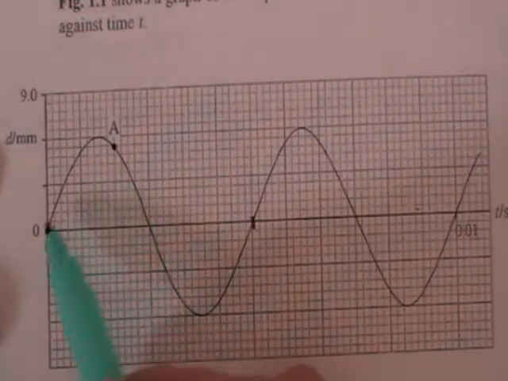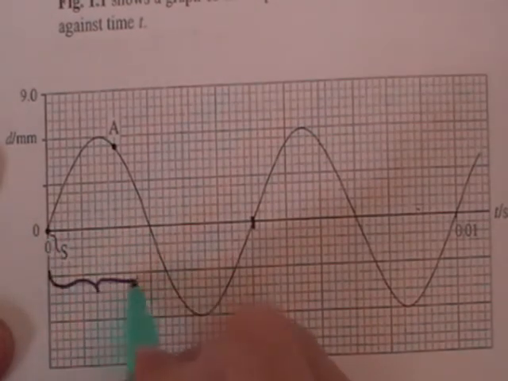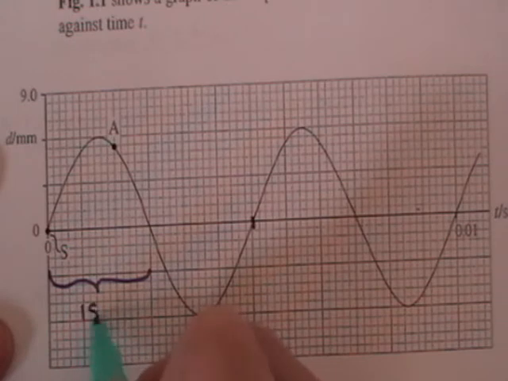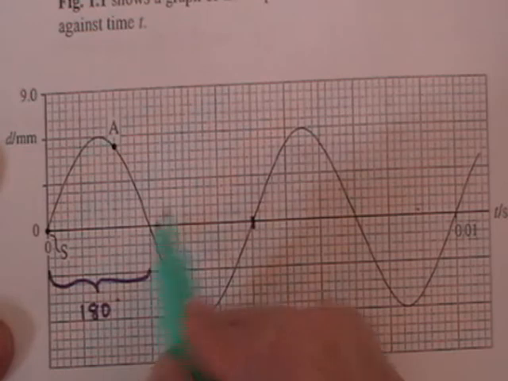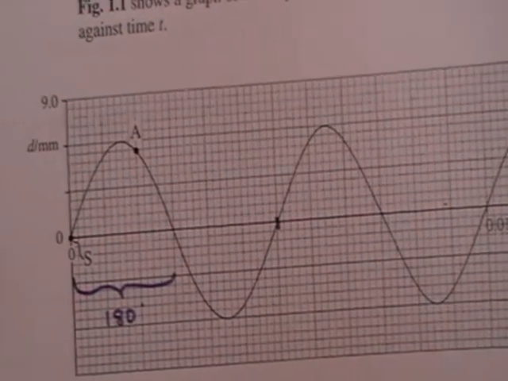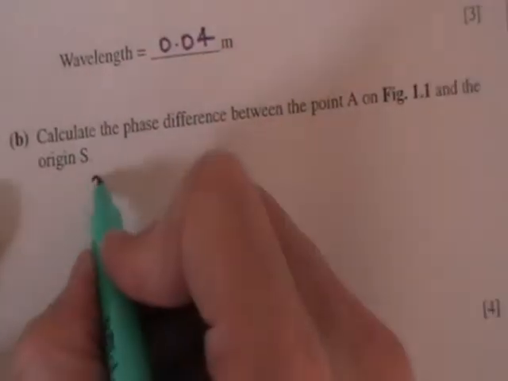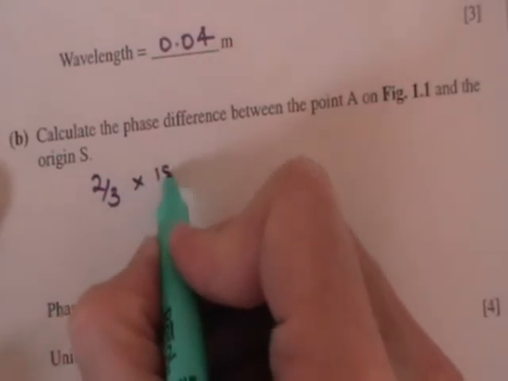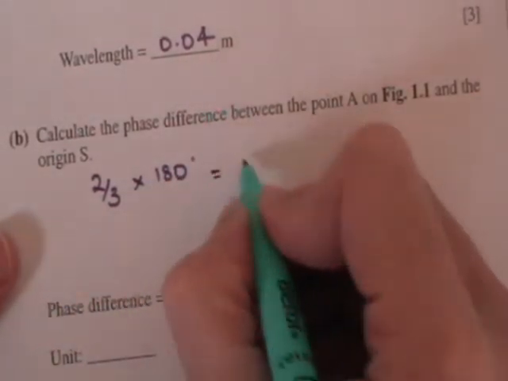That would be worth 180 degrees or pi radians if A was here. But A is actually 2/3 of the way along, so we'll assume that A is 2/3 of 180 degrees in front. And so that comes out to be 120 degrees.